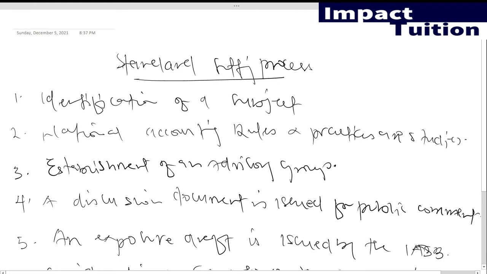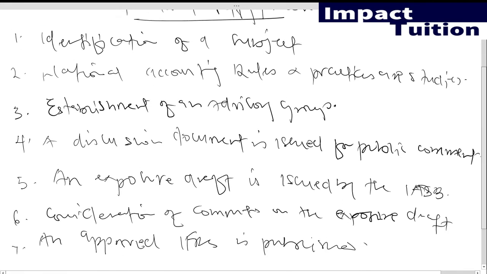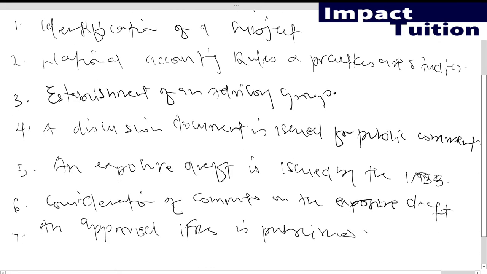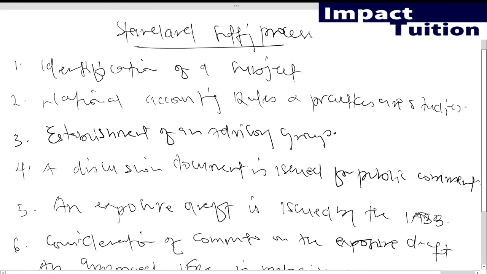First, an identification of a subject which the IASB deems fit to be considered for a new standard or a revised standard. When this issue or subject has been identified, national accounting rules and practices are studied, and there is an exchange of views between the IASB and national standard setters.